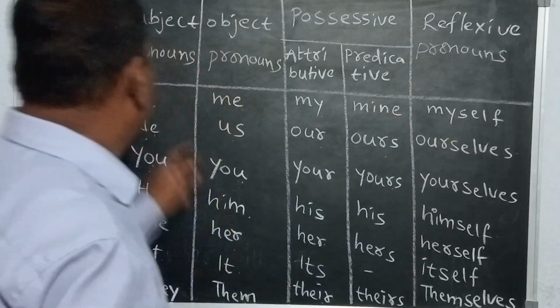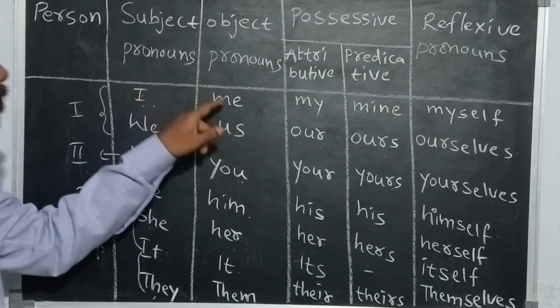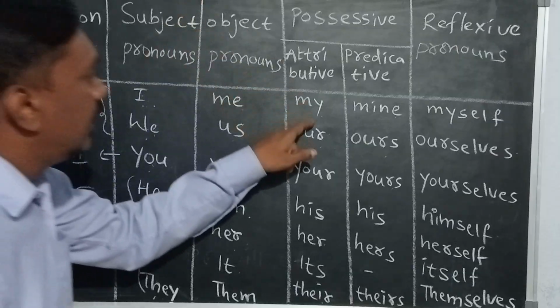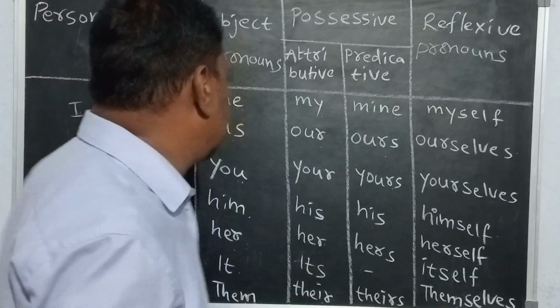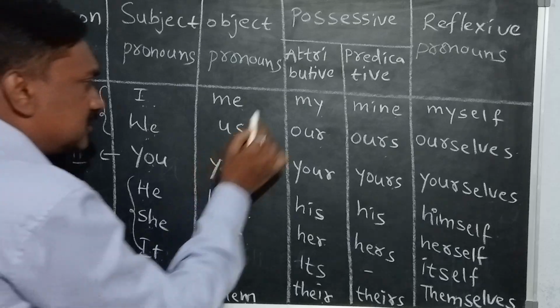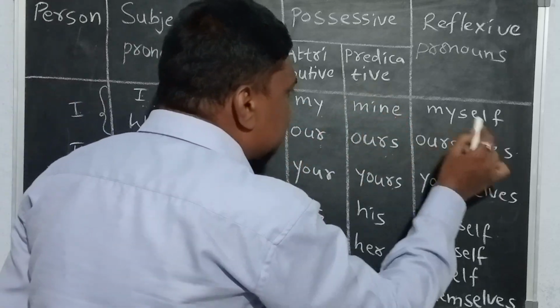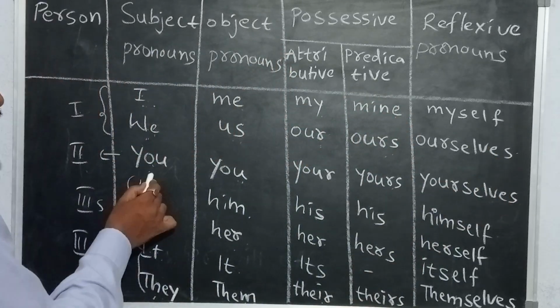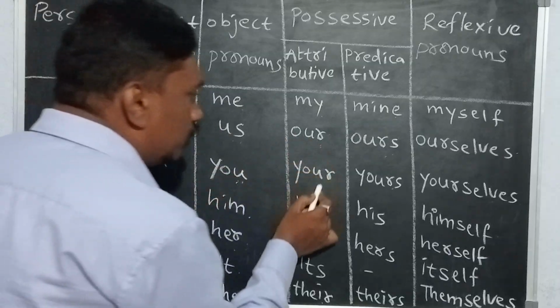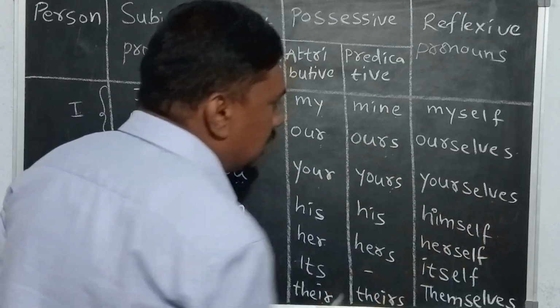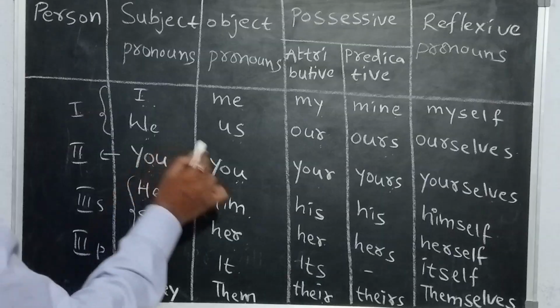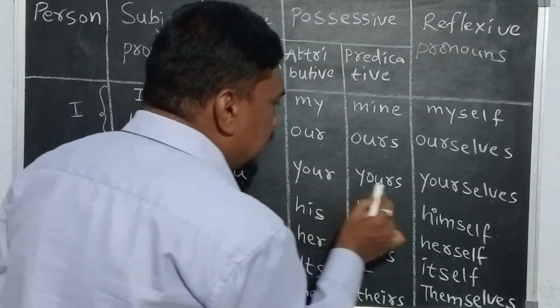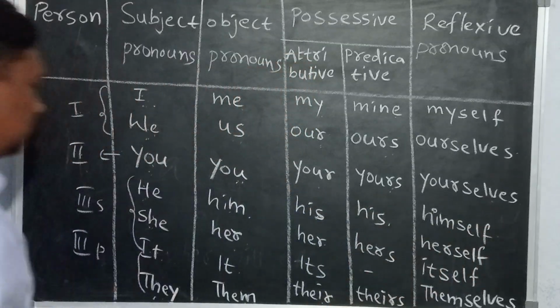I, subjective pronoun. Me, objective pronoun. My, mine, myself. We, us, our, ours, ourselves. You, your, yours, yourselves. He, him, his, himself.